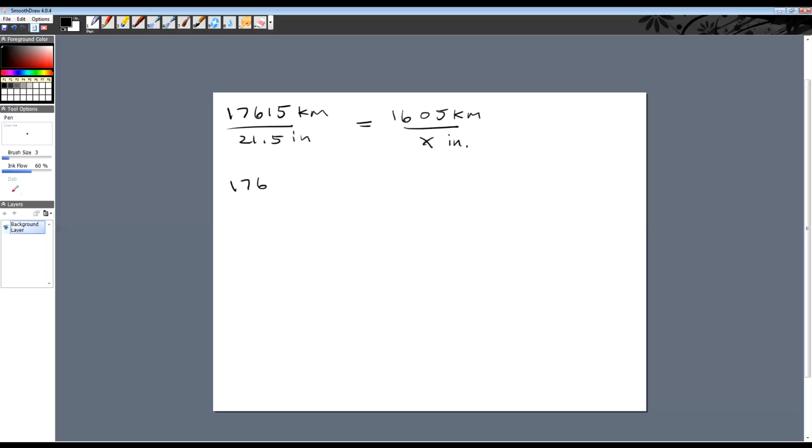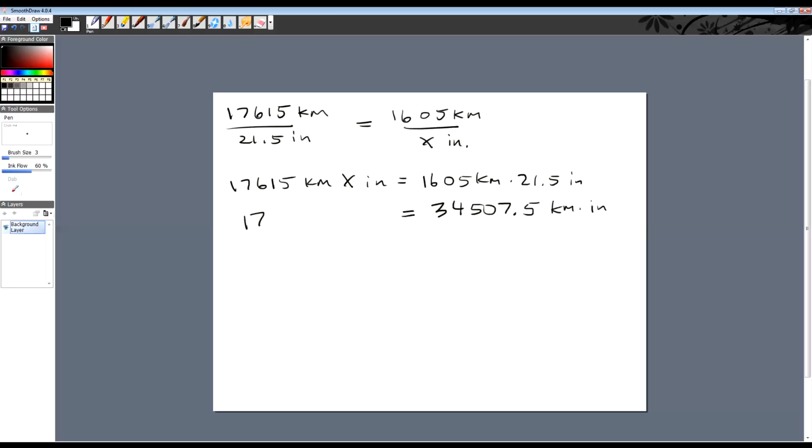So what we have here is 17,615 kilometers times x inches equals 1605 kilometers times 21.5 inches. So what we get here is 34,507.5, and the units are multiplied together.